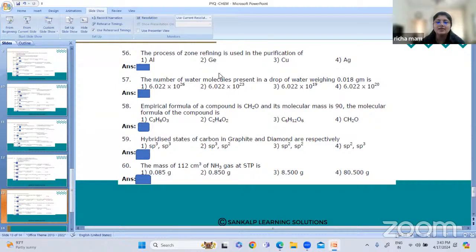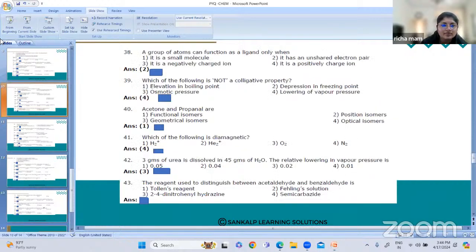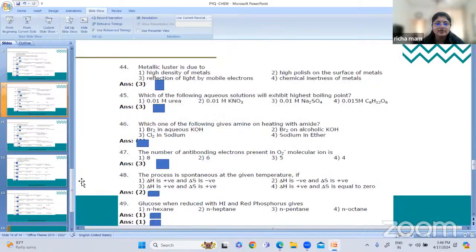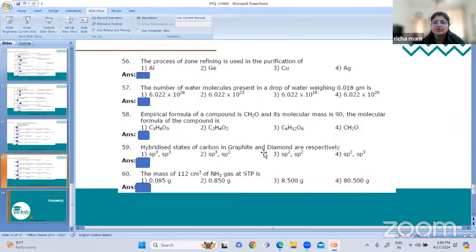So the empirical formula for the compound is CH2O and its molecular mass is 90. The molecular formula of the compound is.